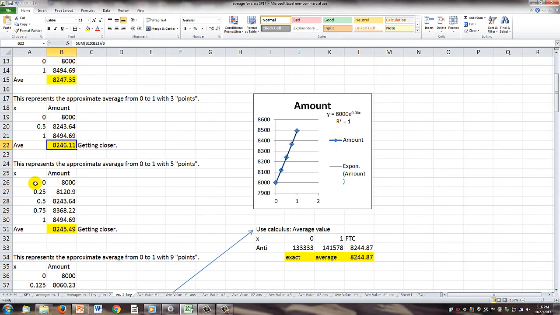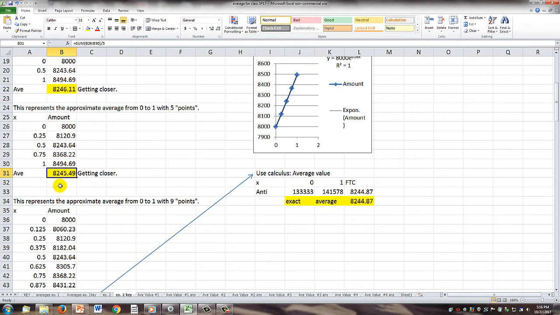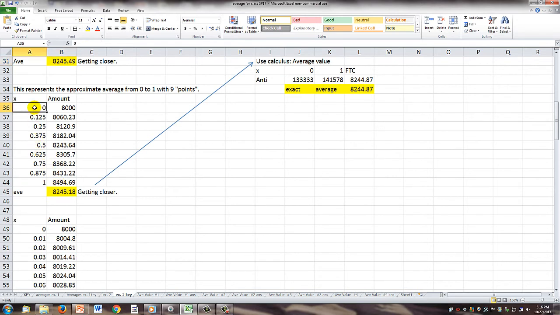Well, let's say from 0 to 1, I divided this up into fourths and found the amount at all those times, and then added them up and divided by 5. That's my average, getting closer to 8,244. Then let's say I divided it up into 0.125s, found the amount at each part year, and divided by 9.